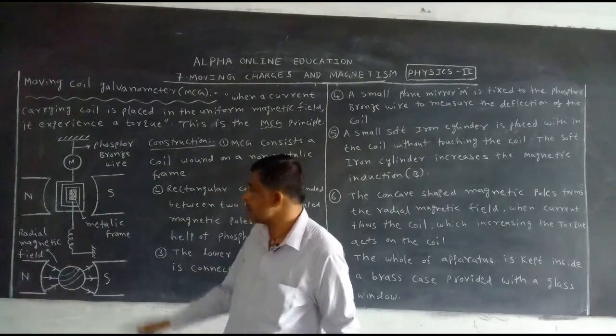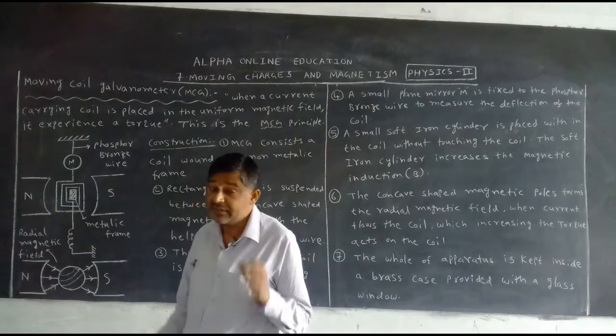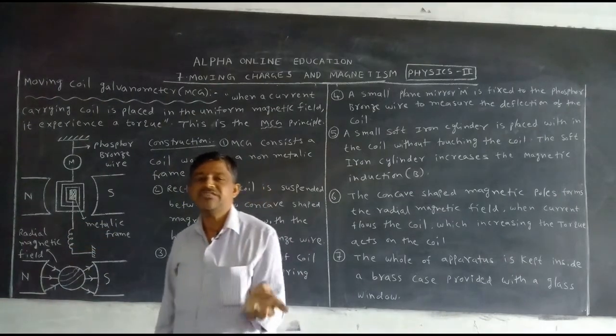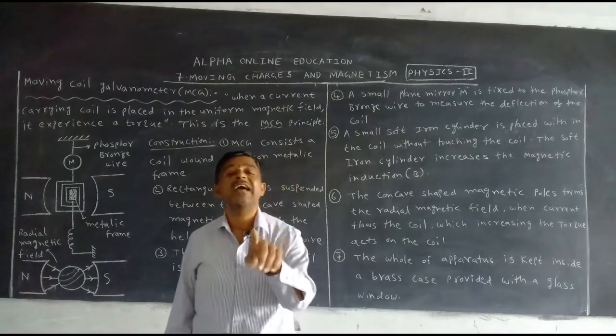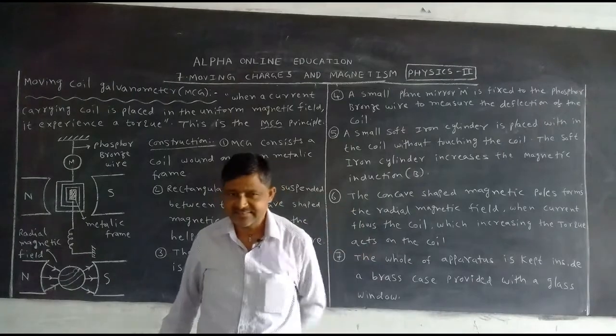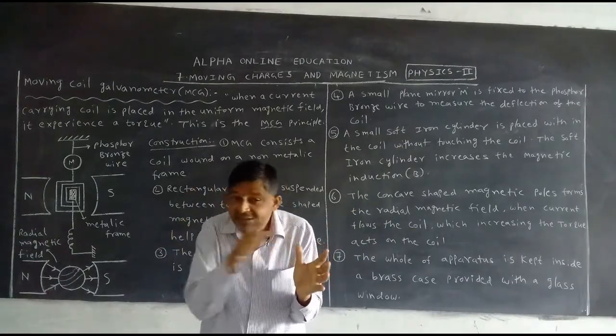If current passes through the coil, we know that it produces a magnetic field along the axial line, which we have studied in the previous classes. Actually, where is the coil? In the uniform magnetic field.